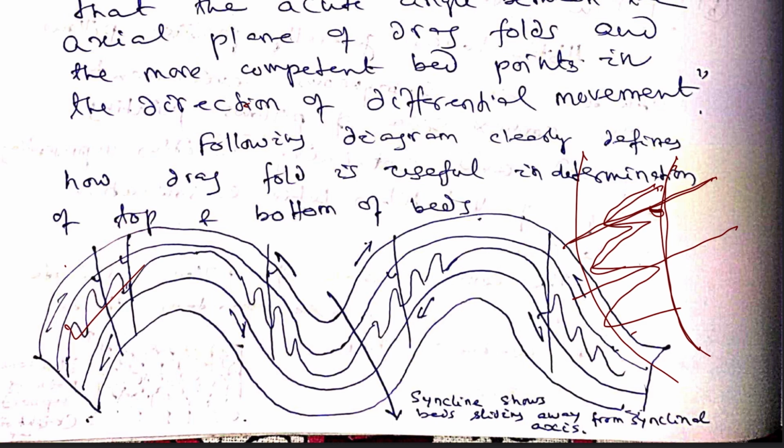If this is the acute angle, then along the acute angle direction, the bed has slid. Similarly, on this side, it is slid like this. Here, this is the sliding direction. So I have already discussed that the beds always slide away from the synclinal axis. So here the beds slide away. So it must be a syncline. If it is a syncline, it will be bordered by anticlines. So this will be anticline, this will be anticline. So this is anticline.